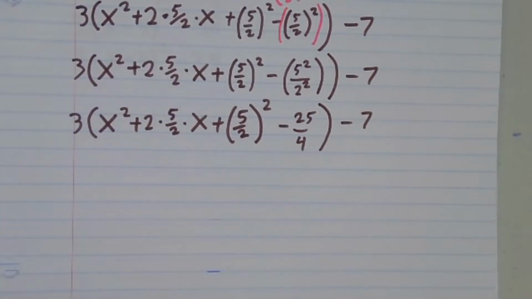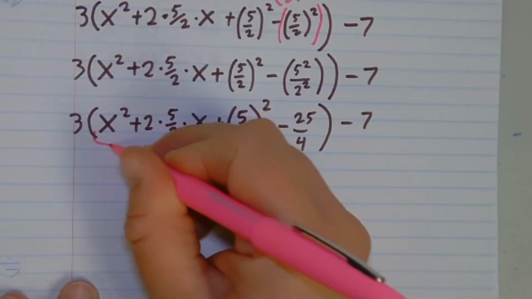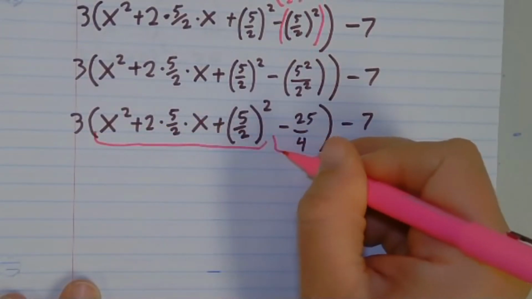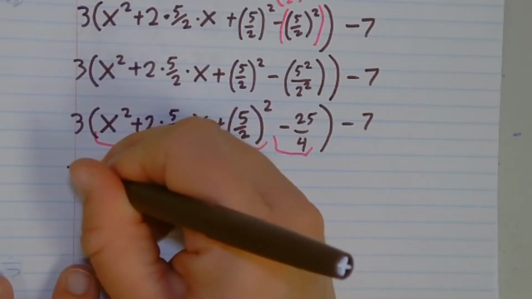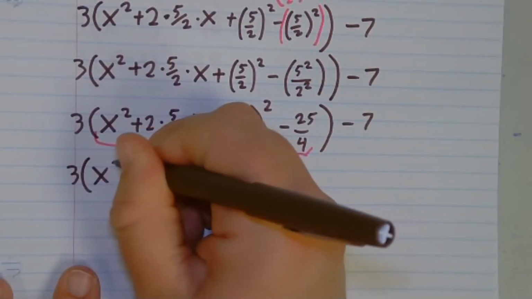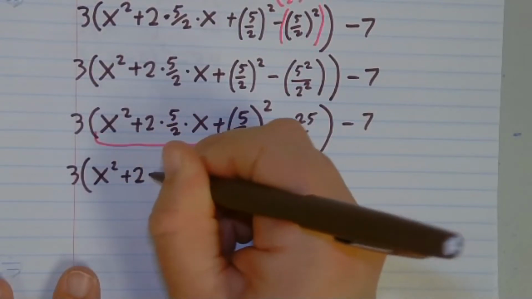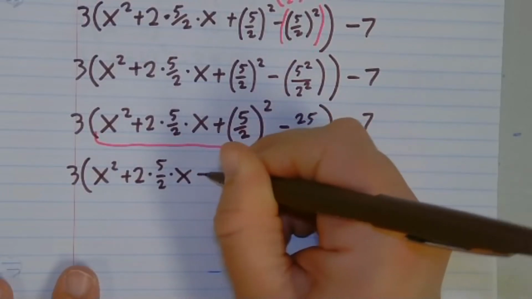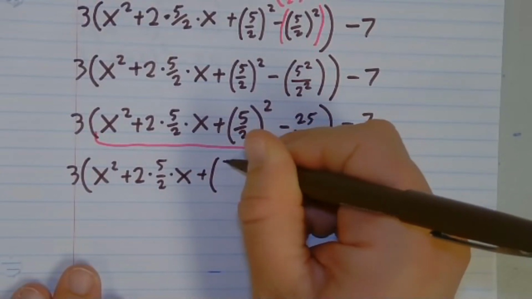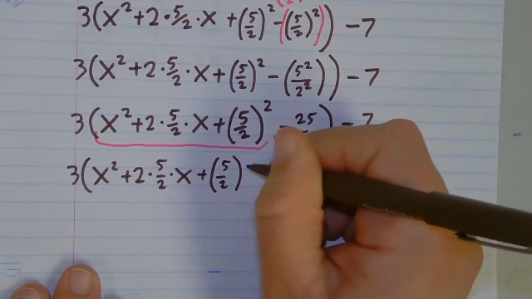So now I can do my partial use of the distributive property again, where I keep that part. So 3x squared plus 2 times 5 over 2 times x plus 5 over 2 squared.